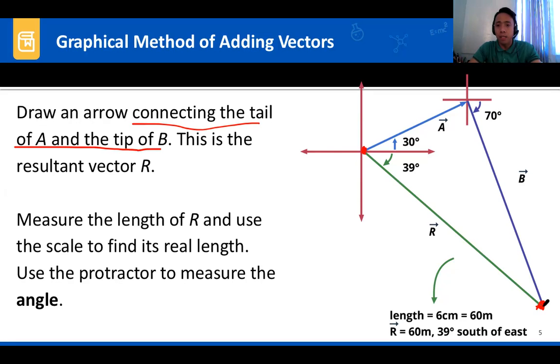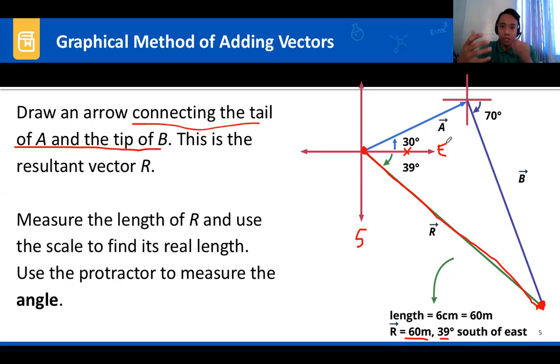So that is the disadvantage, but still we can solve for this one. So for example, we are now measuring this, and the measure will be 60 meters, 39 degrees from the x, from x again. South of east, since it is going south.